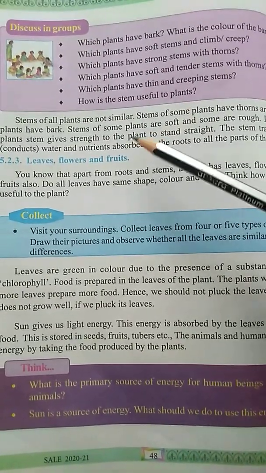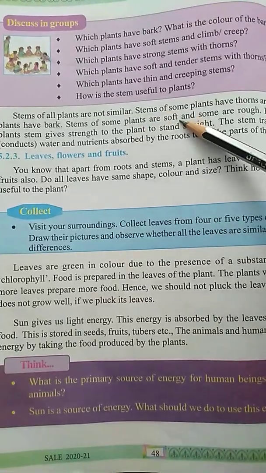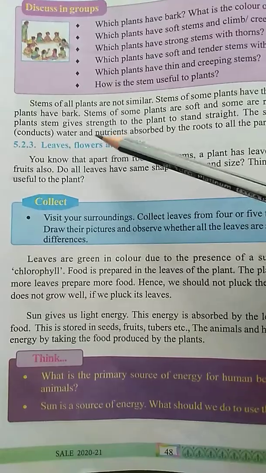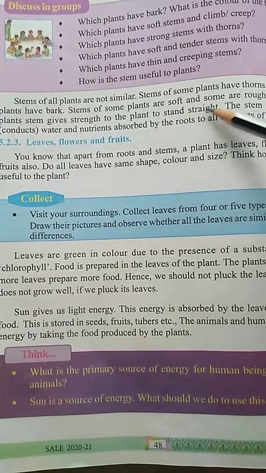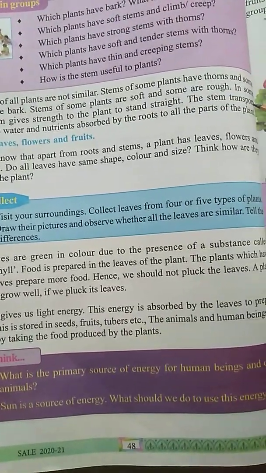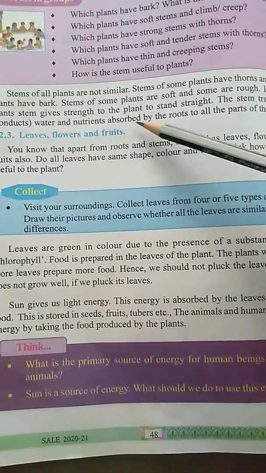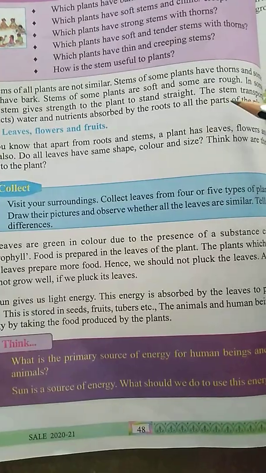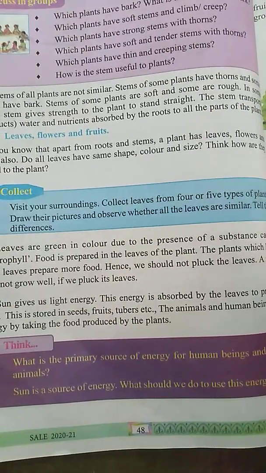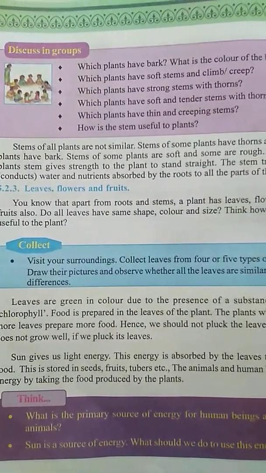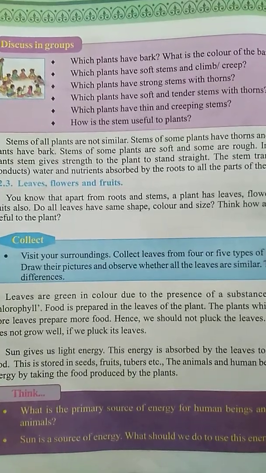Okay. Stems of some plants are soft and some are rough. In some plants, the stem gives strength to the plant to stand straight. Some stems transport or conduct water and nutrients absorbed by the roots to all the parts of the plant. So, the stems of a plant help the tree or plant to stand erect or straight.